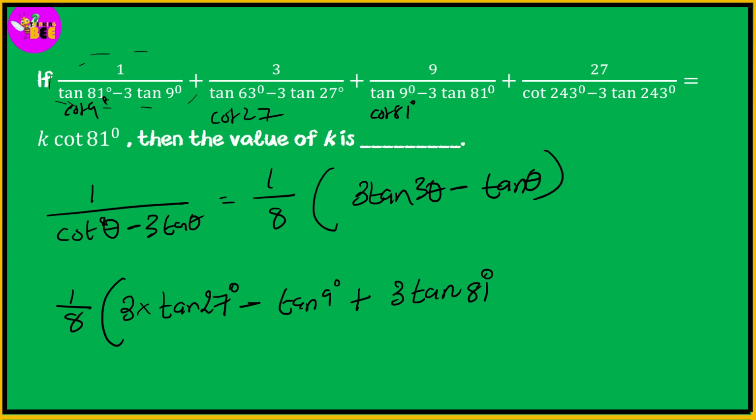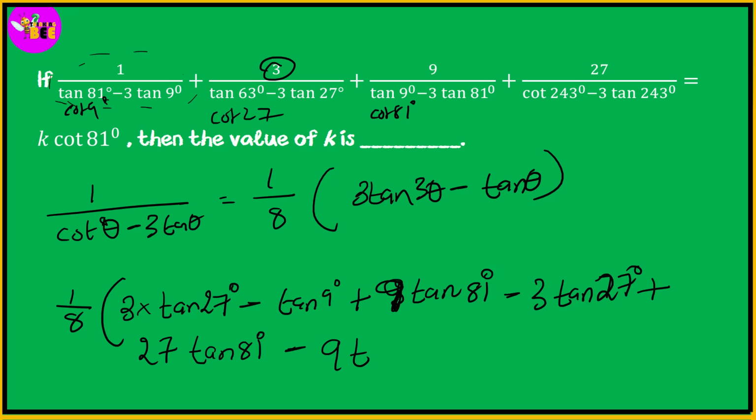However, 3 into 3, the numerator will get 9 tan 81 minus 3 tan 27 degrees plus 3 into 9, 27 tan 81 degrees minus 9 tan 81 into 3.